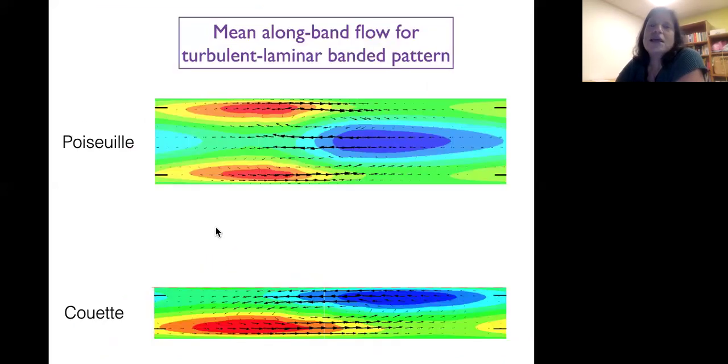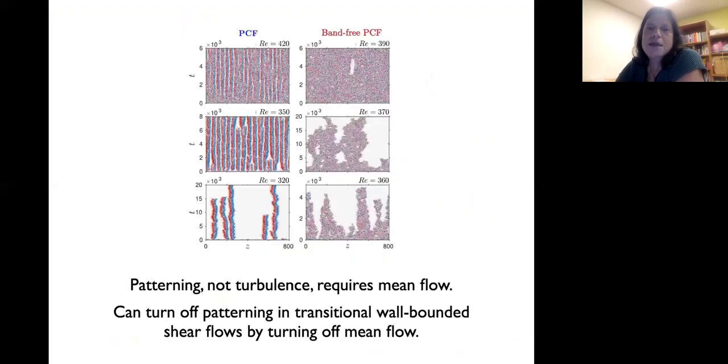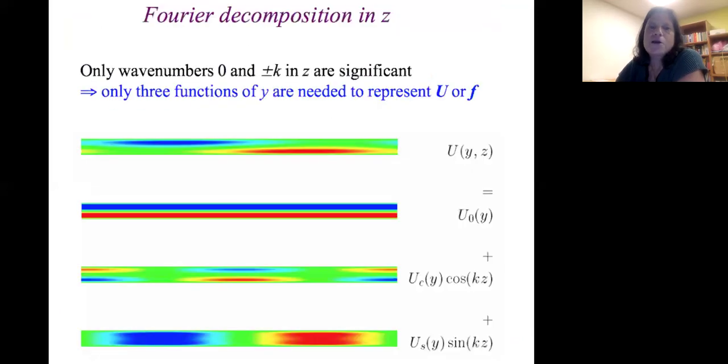Okay, so let me show you some things. This is the same thing you were seeing before. What do I mean by before? I mean here I showed you the mean flow that goes along the top of one and along the bottom of the other. Right? The mean flow.